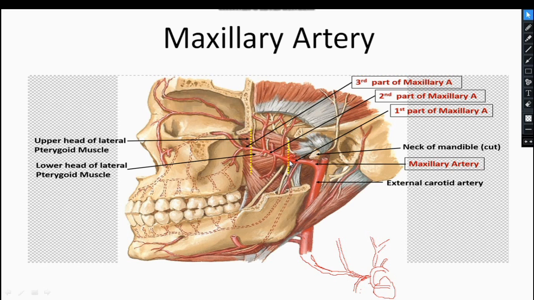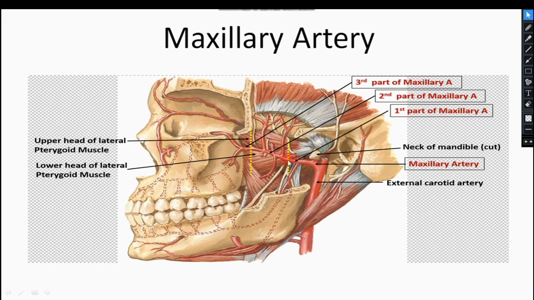The first part ends at the lower border of the lower head, and the second part begins where the first part ends.